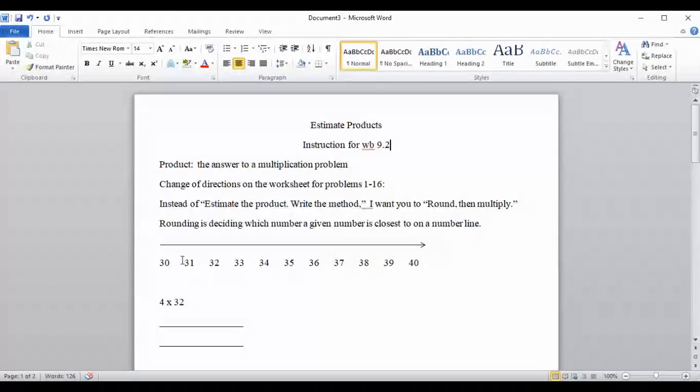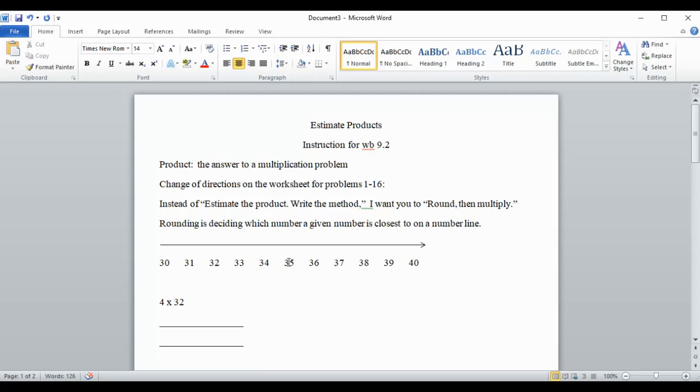Is 32 closer to 30, or do we bump it up to 40? Visually, we can see it's much closer to 30. So we are going to round 32 to 30.